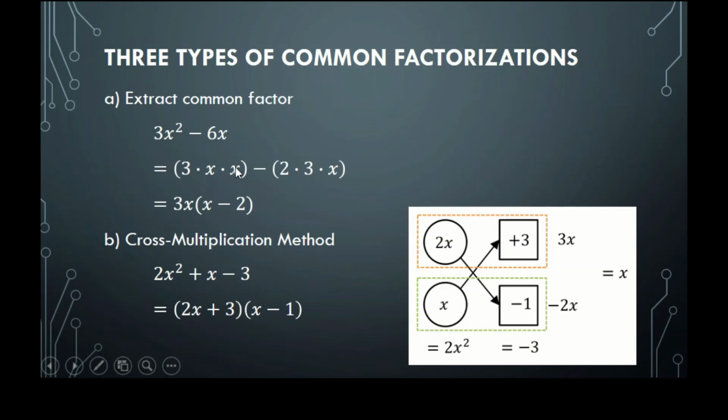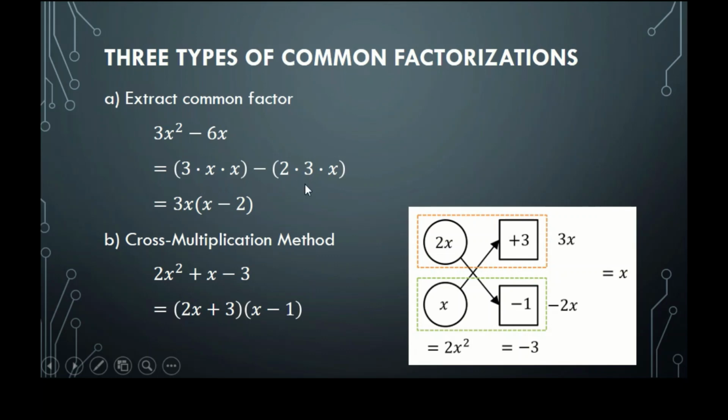By looking at these two terms, we are going to take out the common one. We have a 3 here and a 3 here, so the 3 is considered a common factor.